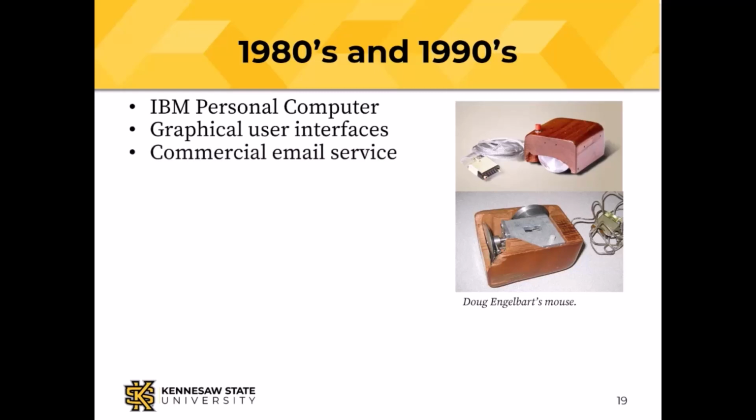Commercial email service. There was no email other than if you happened to be at a university before the 1980s. Software engineering. Oh man, we'll talk about that a little bit later in the semester, but it turns out that software is hard.